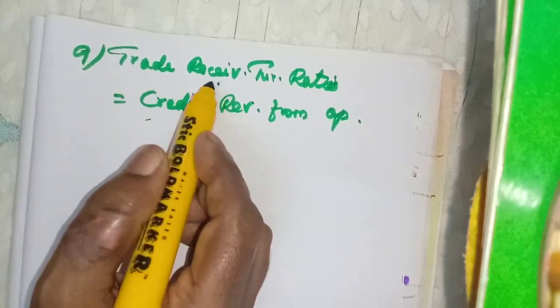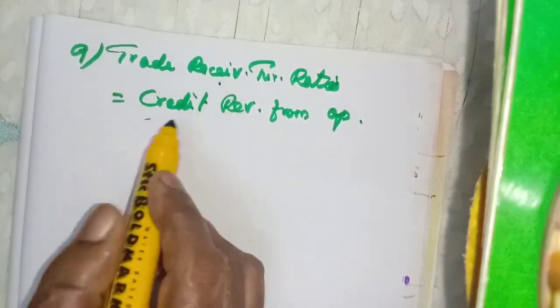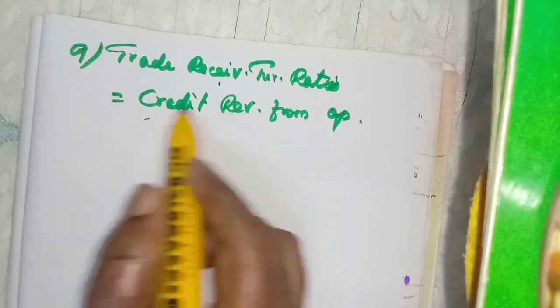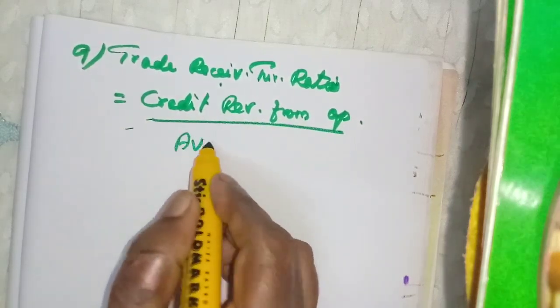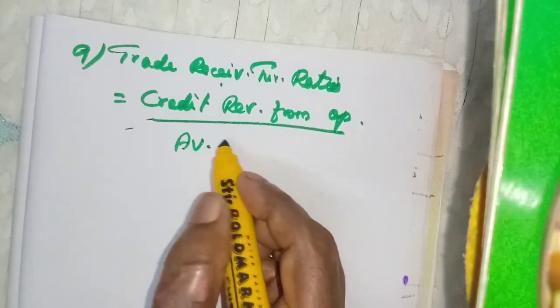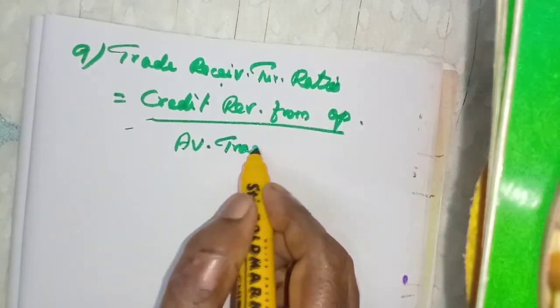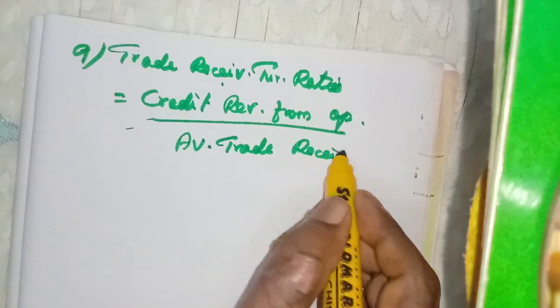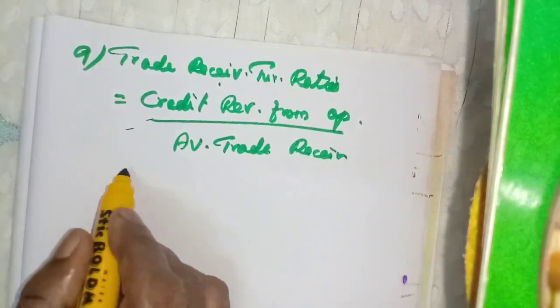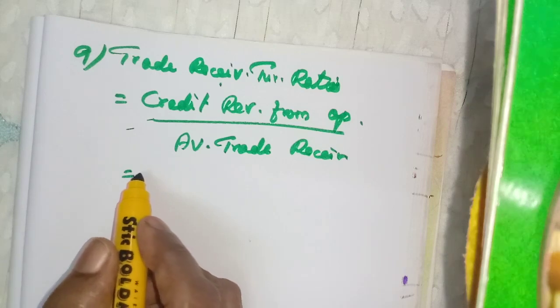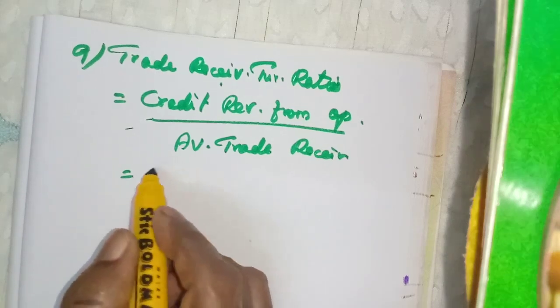Trade receivable means the credit sales that we have made, isn't it? So that is why we are taking credit sales. Credit revenue from operation divided by average trade receivables. Here credit revenue from operation, how much is given? 10 lakh.